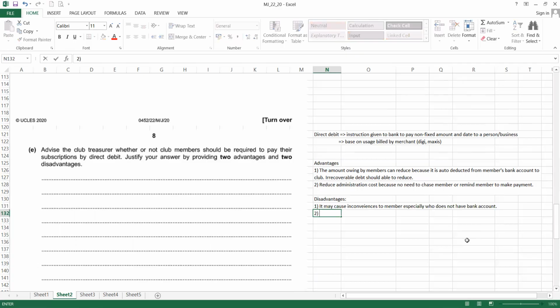Okay, second, what else can we talk about? Some members may prefer to make payment via cash instead of bank.